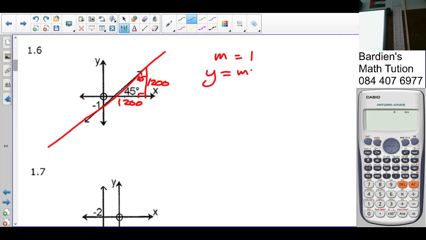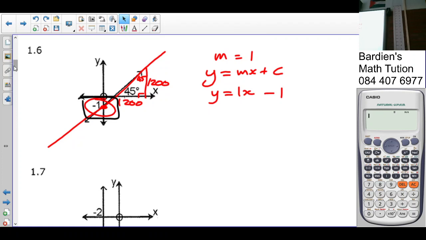Y is equal to mx plus c. So y is equal to m is 1, x, and what's your c value here? Do you see the value? What is your c value, people? Not 0.